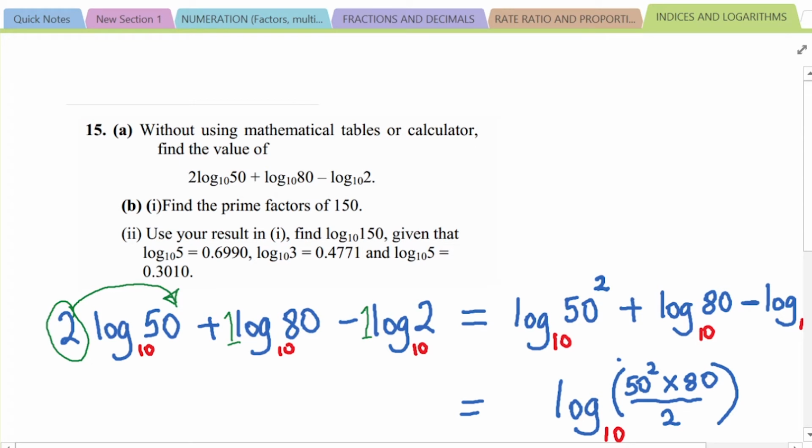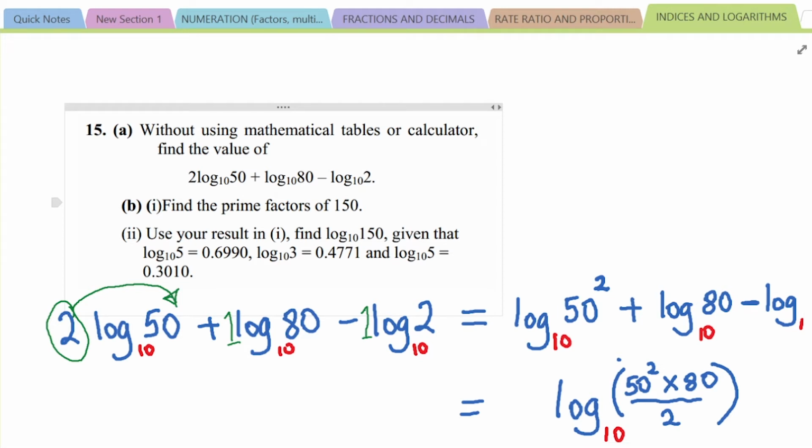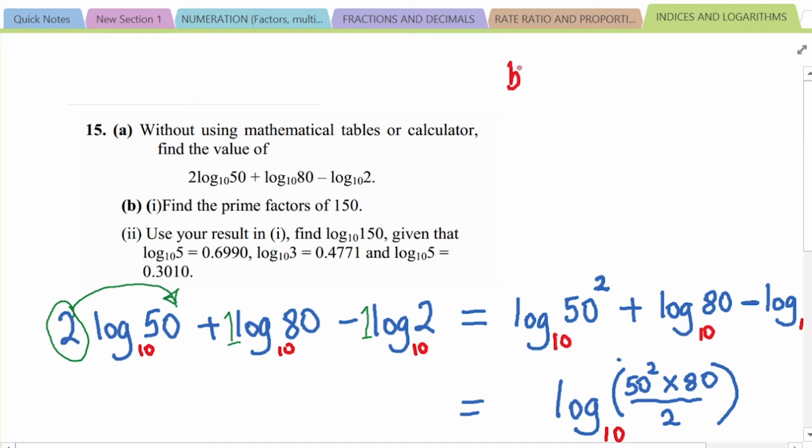So part B. Part B requires us to find the prime factors of 150. Let me do that here. They want us to find the prime factors of 150.